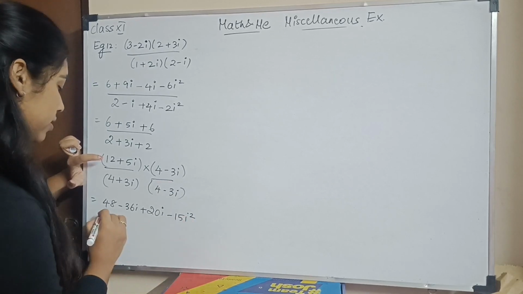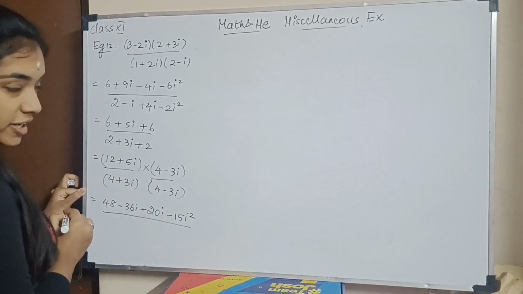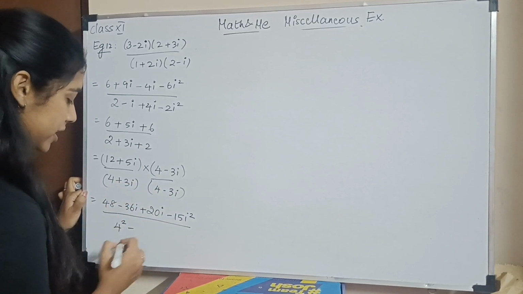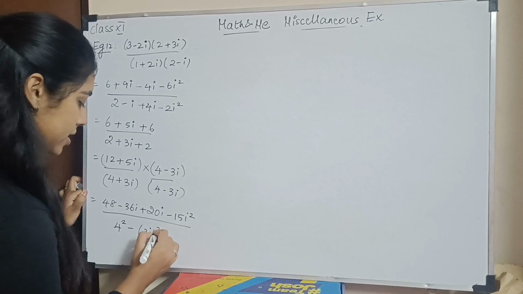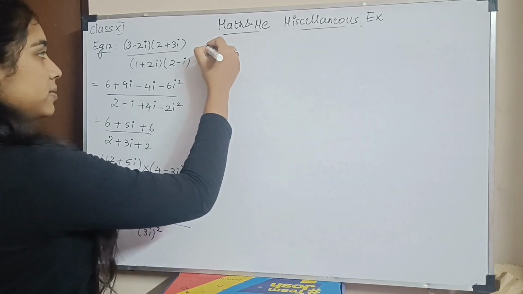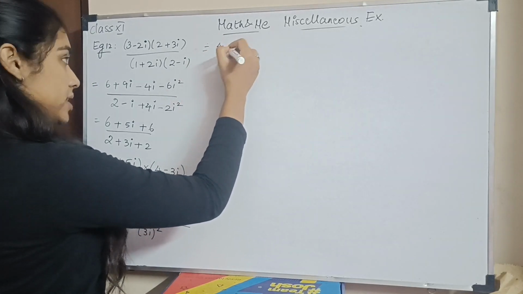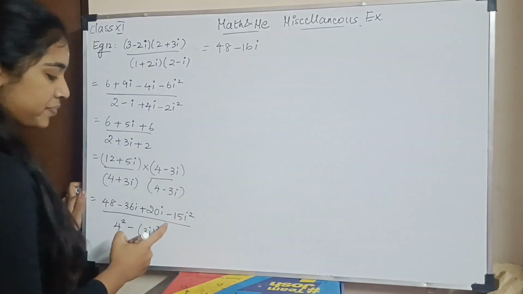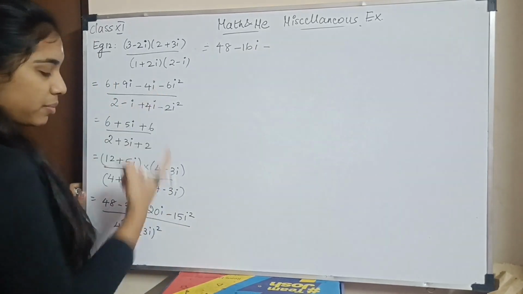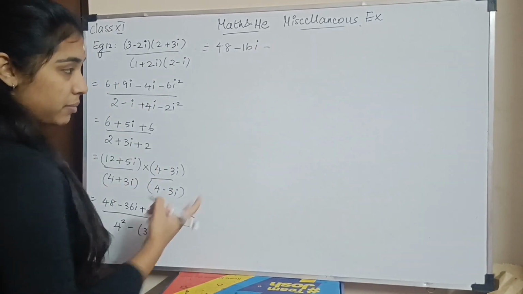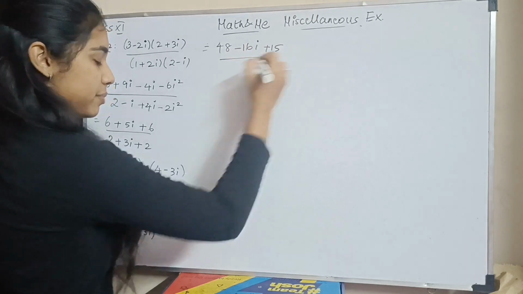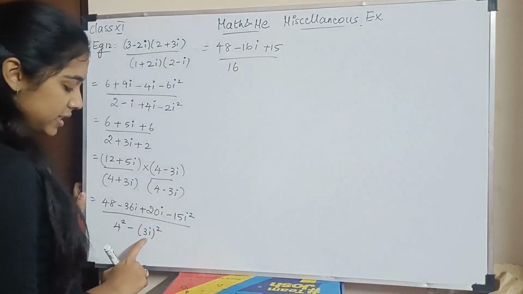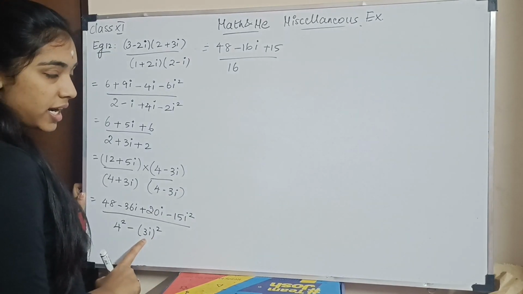15 i square, divided by a plus b into a minus b, which is a square minus b square. So, a square, 4 square, minus 3i the whole square. So, this simplified, I have 48 minus 36 plus 20, so it's minus 16i, minus 15i square. i square is minus 1, minus 15 minus 1 is plus 15, divided by 4 square minus 3i the whole square. 4 square is 16. 3i whole square is 9i square. i square is minus 1.